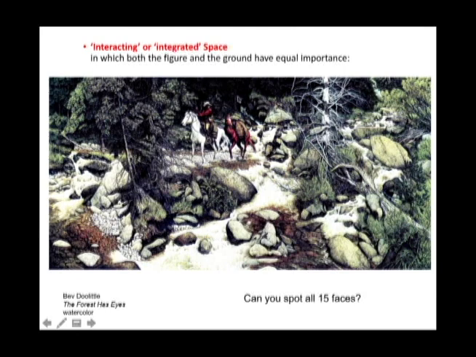So at first we might say that the rider and the horses are the positive shapes here, with maybe some things like trees and rocks and a path appearing as positive shapes. But then as we begin to look closer, we might see that there is a face here, a mouth, a nose, eyes that peer at us out of the background, out of the negative shape.